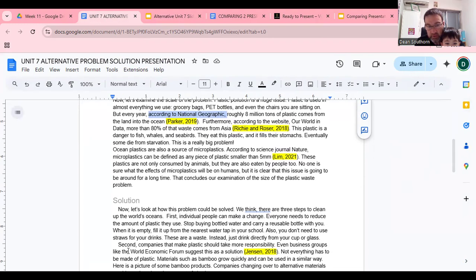You've also got here the World Economic Forum. That's the reference relating to Jensen. So we're not just putting them up incidentally on the slides and in the references. We are saying where that information came from during the course of our presentation.